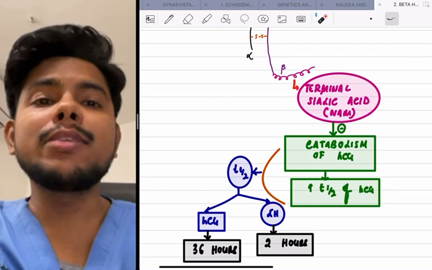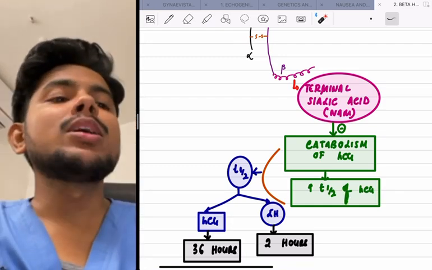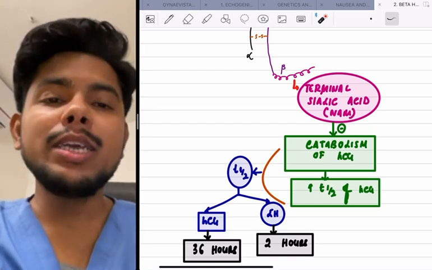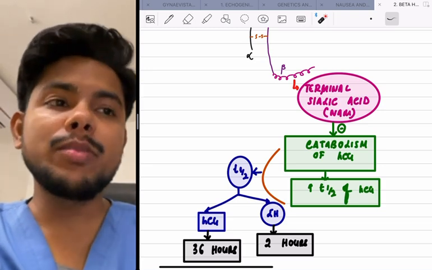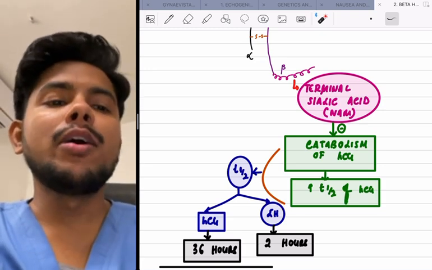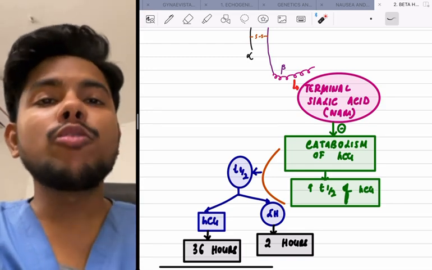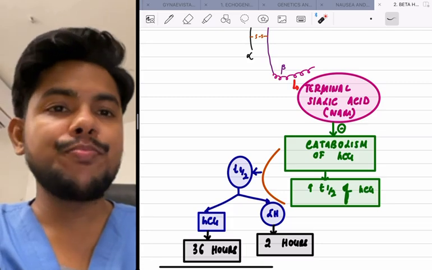This terminal sialic acid component, which is attached to the beta subunit, inhibits the breakdown of hCG, thereby increasing the half-life of hCG. Okay, and because of this component, the half-life of hCG is 36 hours and half-life of LH is only 2 hours, despite having enormous structural similarity. Am I clear?